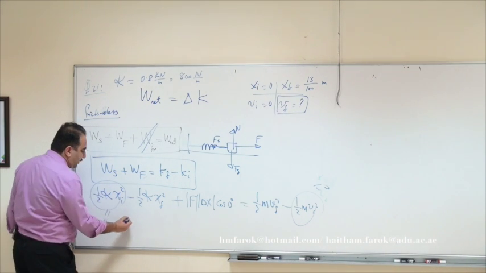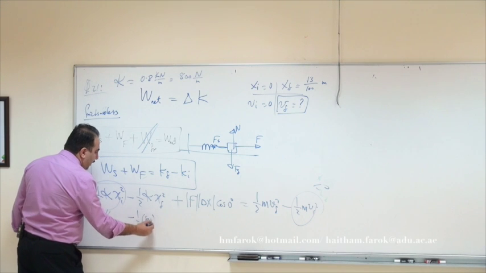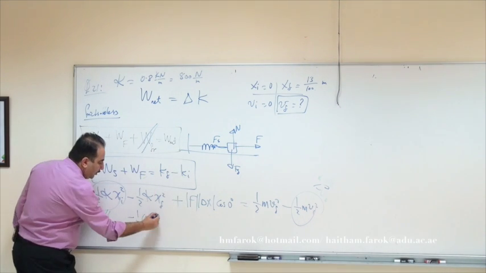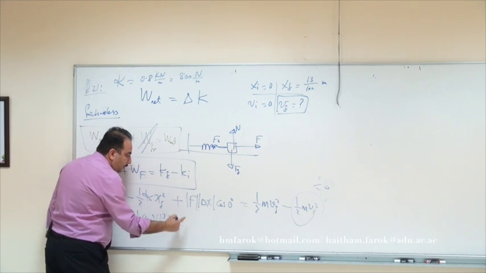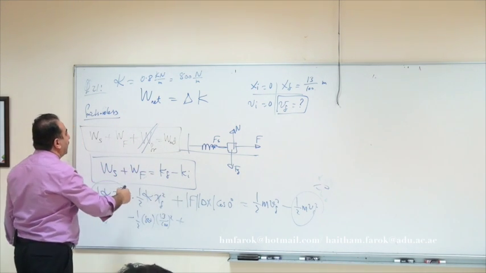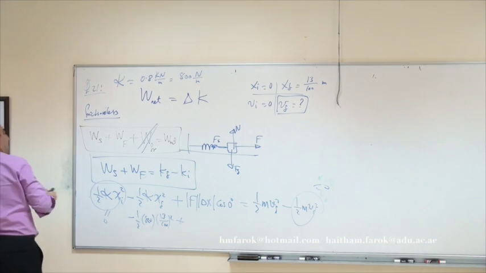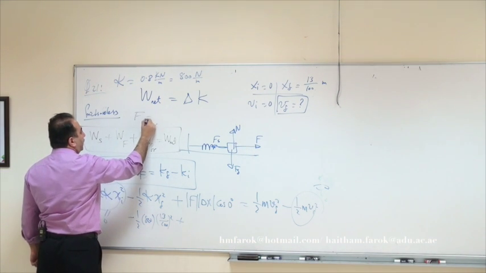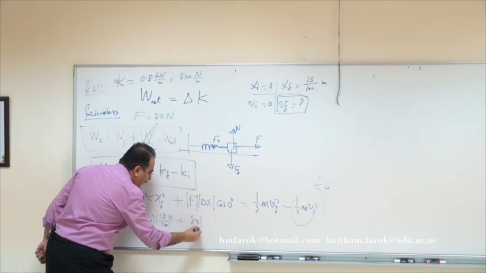Now substitute. Minus half. Kappa is 800. X final, 13 over 100 squared. No, position. F in the question: what was the applied force? 80 newtons. The force given. So it's 80 newtons.